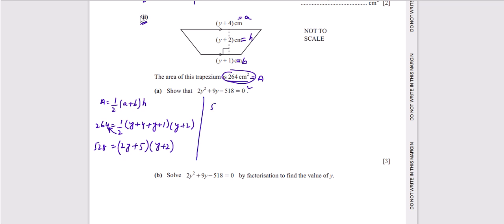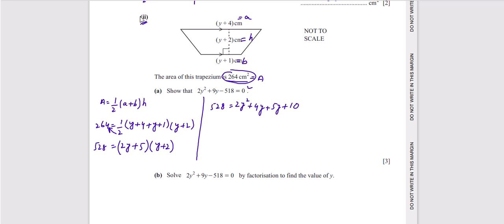So 528 is equal to 2y multiplied with y, that is equal to 2y square, and 2y multiplied with 2 plus 4y, and 5 multiplied with y plus 5y, 5 multiplied with 2, that is equal to 10.